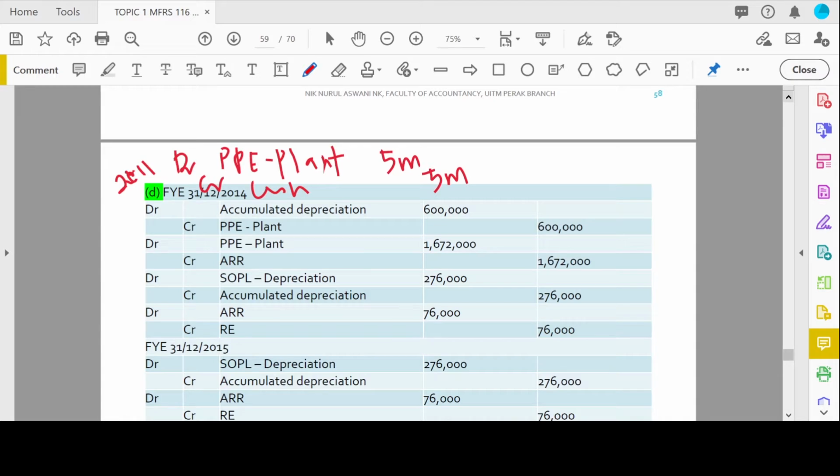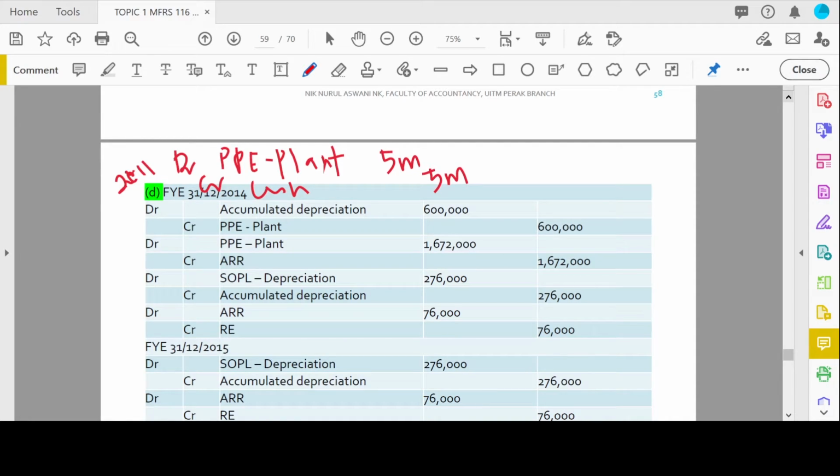When you are asked to prepare for year ended 2014, it means that you have to take into consideration all the transactions that happened throughout the year 2014, from 1st January 2014 until 31st December 2014. We have to take into account every transaction that happened.